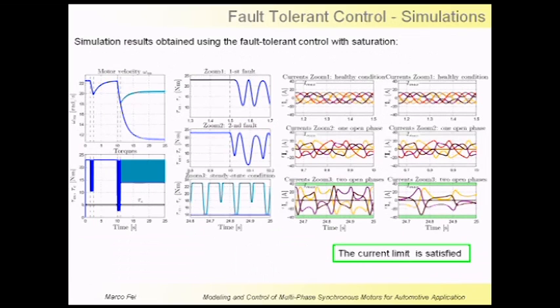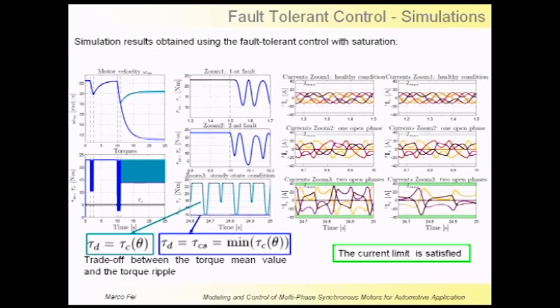So note that in this case the current limit is satisfied, but by saturating the torque provided by the motor, one obtains a reduced performance of the system. Note that the torque in this case is time variant, and in this second case one obtains a constant torque with a lower mean value.